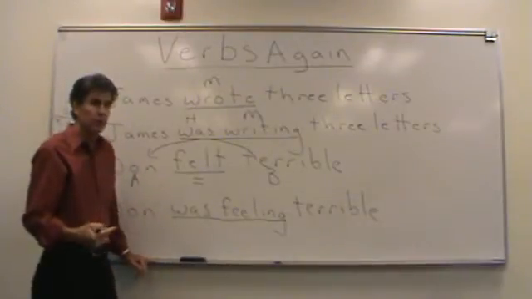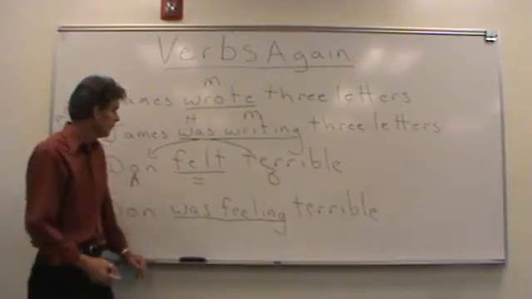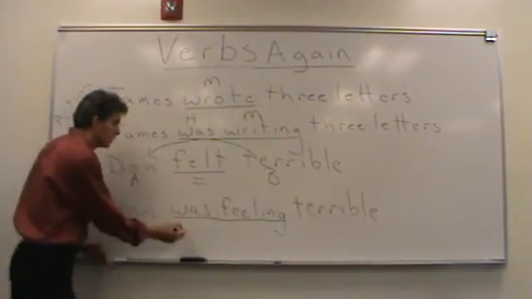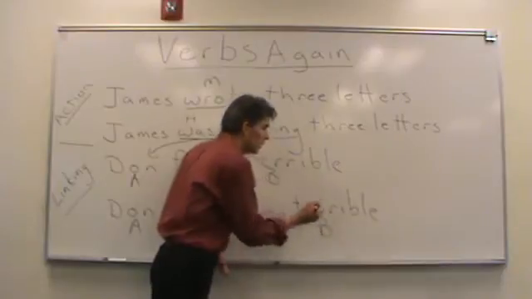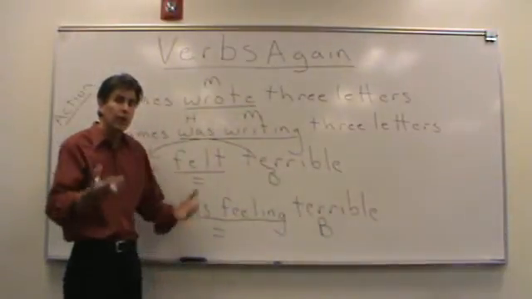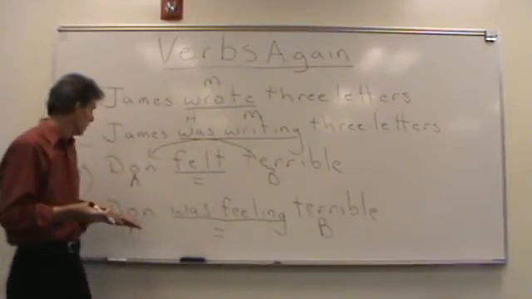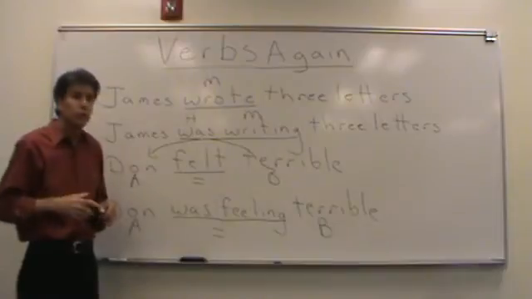Dawn was feeling terrible. Now it's kind of in the past, and it's a continuous verb, but the same logic works. A equals B. I am still describing how Dawn was feeling. He's not doing anything. Dawn was feeling terrible. Okay, he didn't do anything.